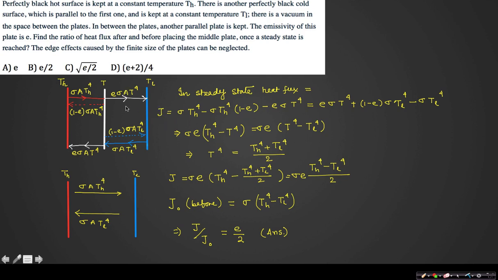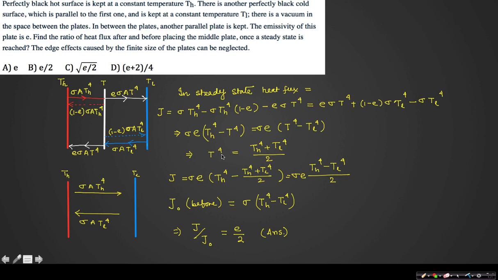And for the second and third plate, the heat flux will be sigma E T power 4 plus (1 minus E) sigma TL power 4 minus sigma A TL power 4. So if I just modify this, you can see that this TH power 4 will get cancelled from this side and TL power 4 will get cancelled from this side. So E into sigma (TH power 4 minus T power 4) equals E into sigma (T power 4 minus TL power 4).